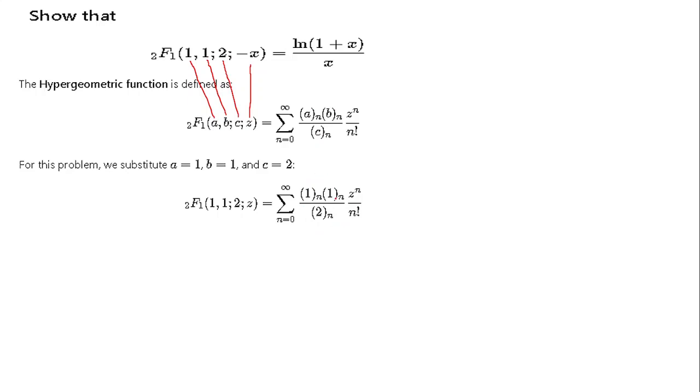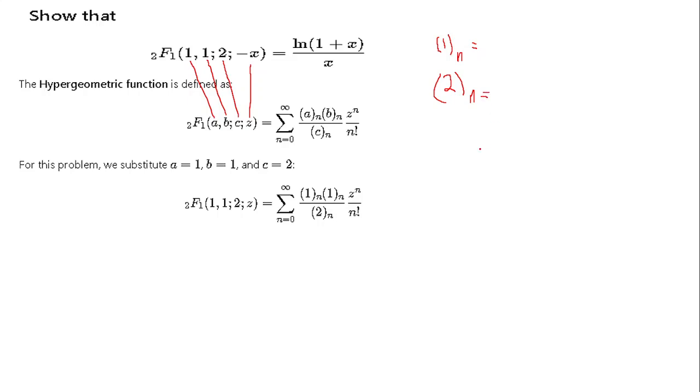So how many Pochhammer functions do we have here? The first Pochhammer function is 1 of what? n, right? The second Pochhammer function is 2 of what? n, right?